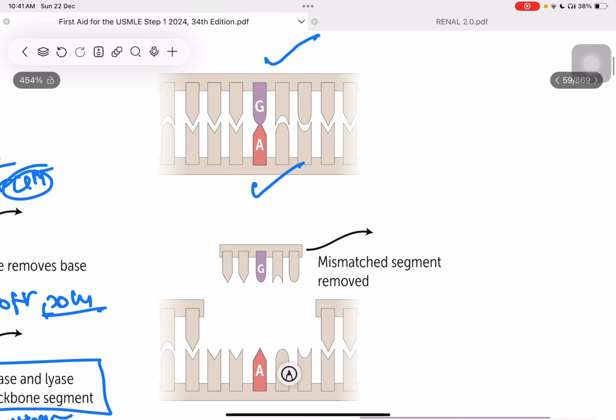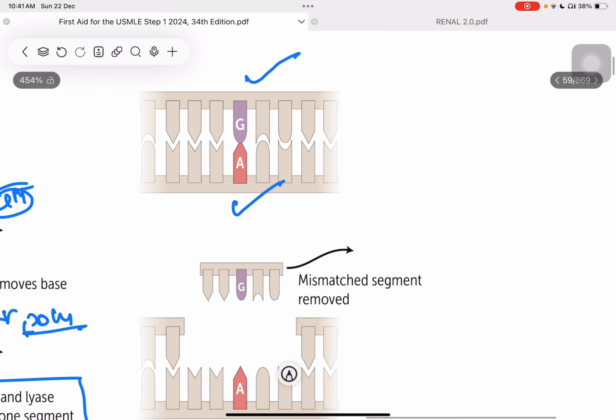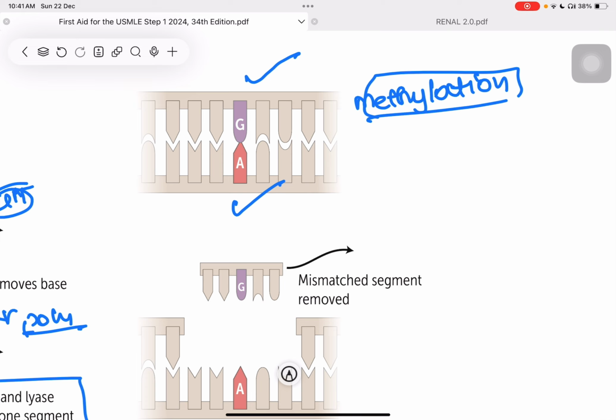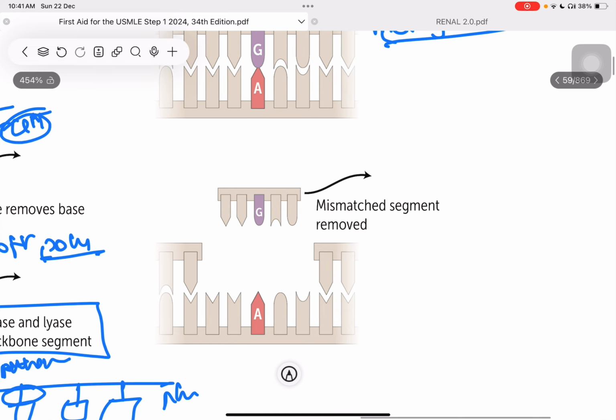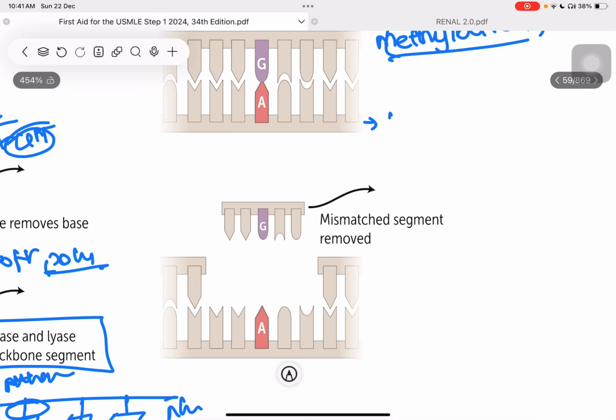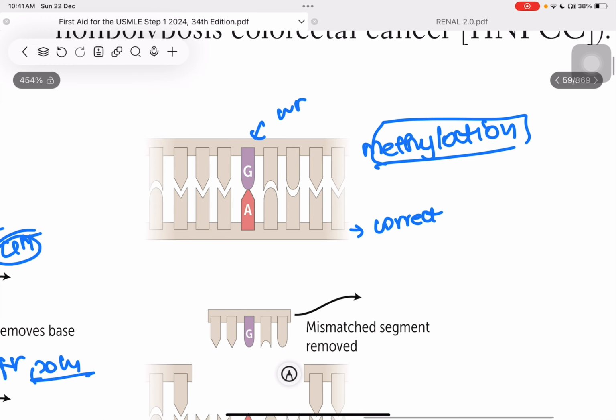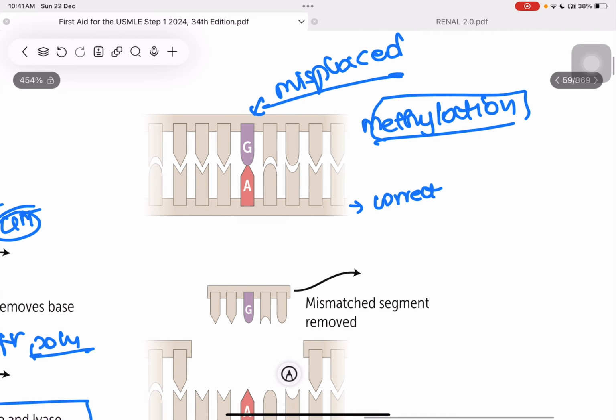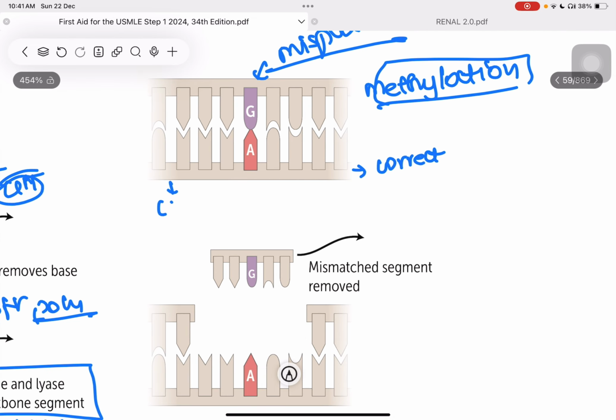To analyze which is the correct segment of DNA, we have methylation. What does this methylation do? Let's say in this segment of DNA, this is the correct strand, and this is the improperly placed, wrongly misplaced nucleotide. Once you have methylation here, you have a methyl group. The correct strand gets methylated.